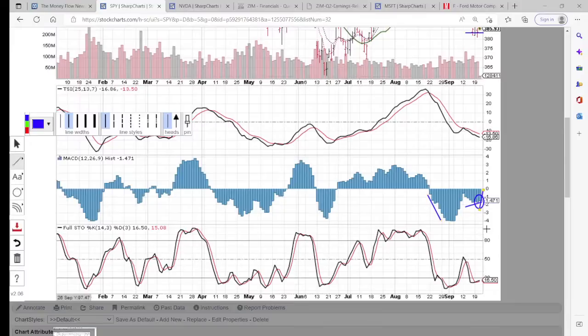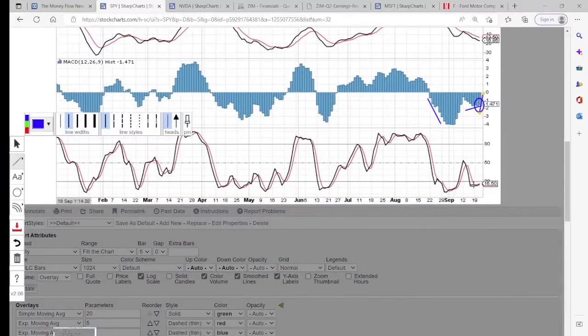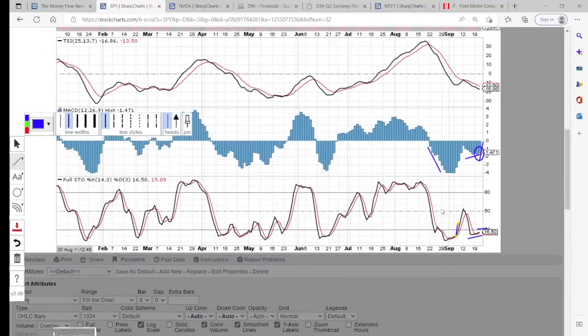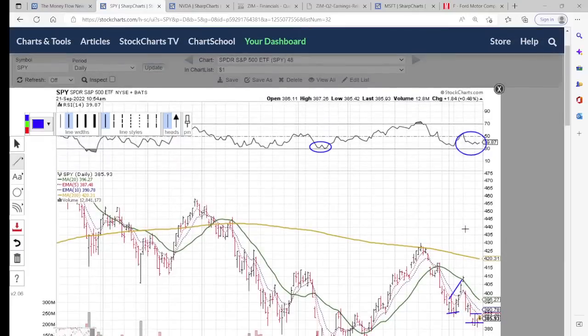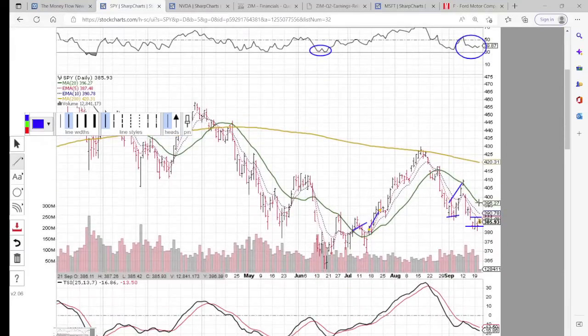Now the day's not over. Day's not over. And look at this. Chassis setting up perfect. What are we waiting on? That break, man. It's coming. Now, does this hold? They're smoothing that out. So if you come over here and look at a moving average and the price is on this side, the 10 is on this side, and the 5 is on this side, you're going straight down.